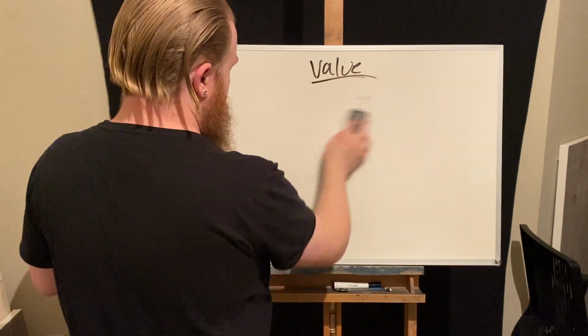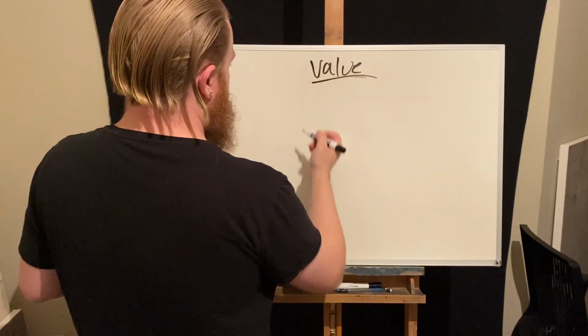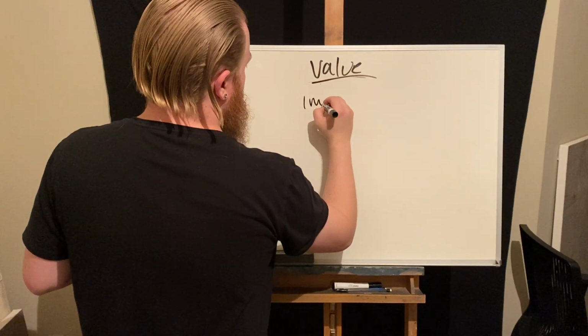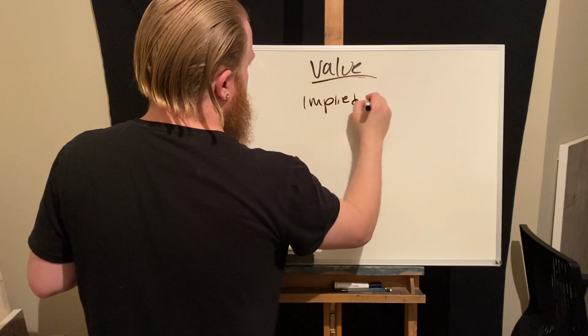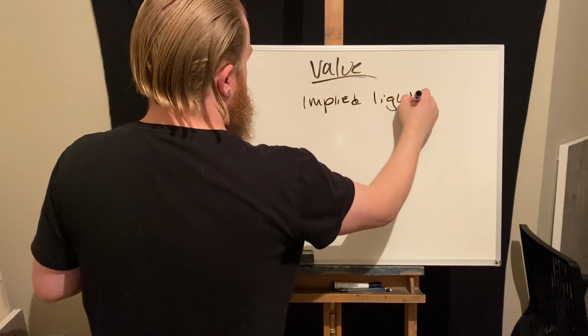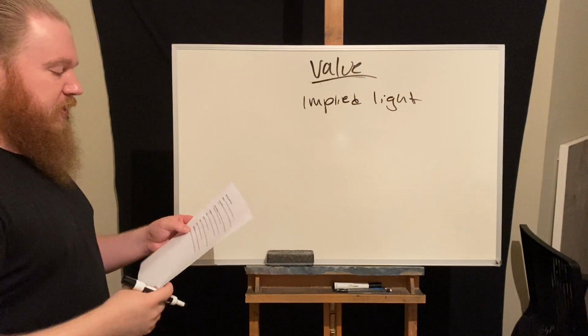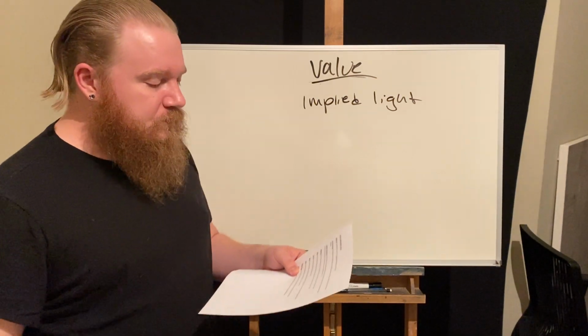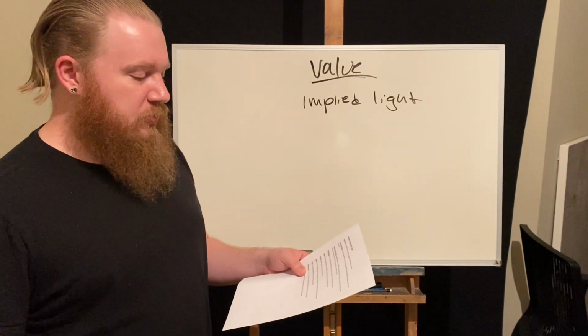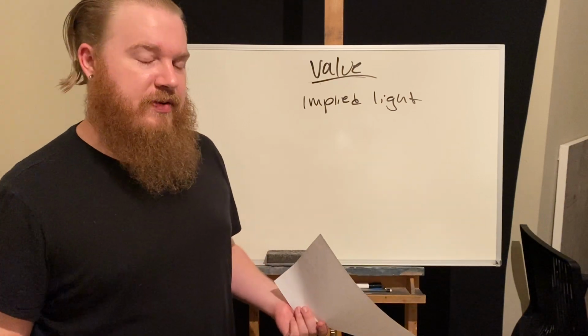Now, the other thing that we can talk about is implied light. So this is when we perceive value as a relationship rather than an isolated form.